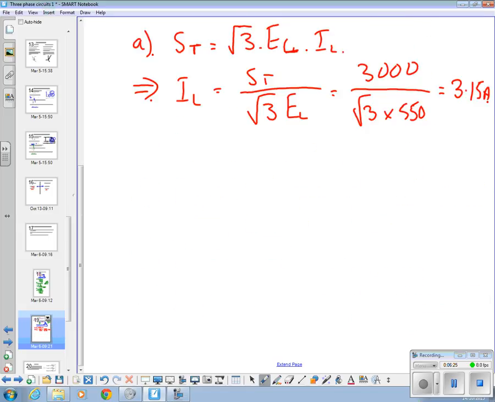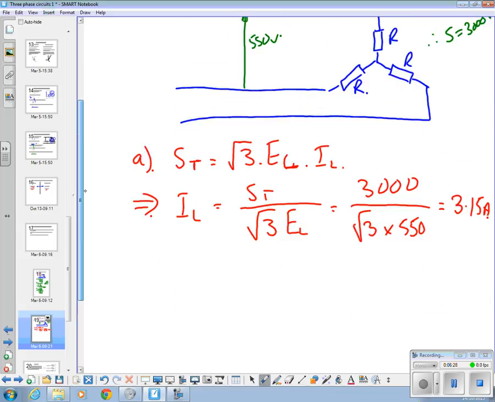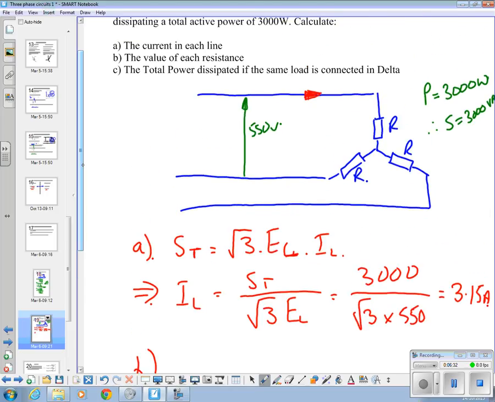So the next bit, looking at that diagram, how are we going to find the value of those resistors? We now know that this is 3.15 amps in here. So what we want to do is focus on one resistor. That way we can find the value of it. So we're going to use Ohm's law.